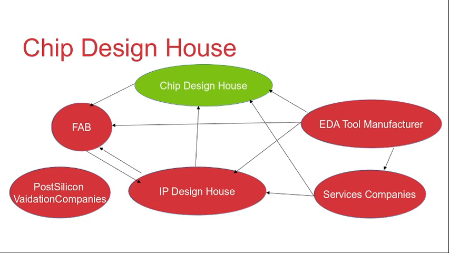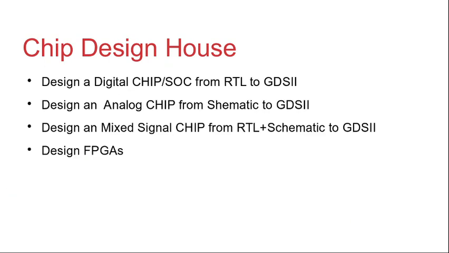Next, the next block here is the chip design houses. What do chip design houses do? If it is a digital chip, they will make the SoC from RTL to GDS2. If it is an analog company, they will start their design with the schematic, go to layout, and finally stream out to GDS2.